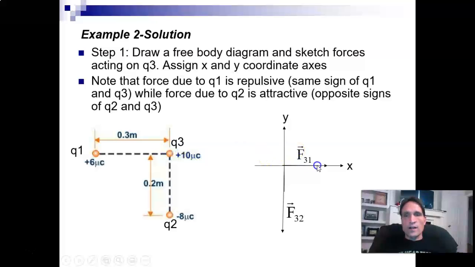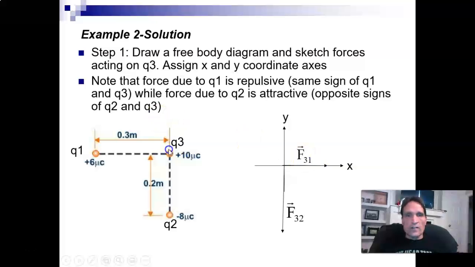And I can draw this as an arrow, and I'm going to write it as F31, the force on 3 due to charge 1. Let's call this the positive x direction, and let's call up the positive y direction. So this force would be along the positive x direction.